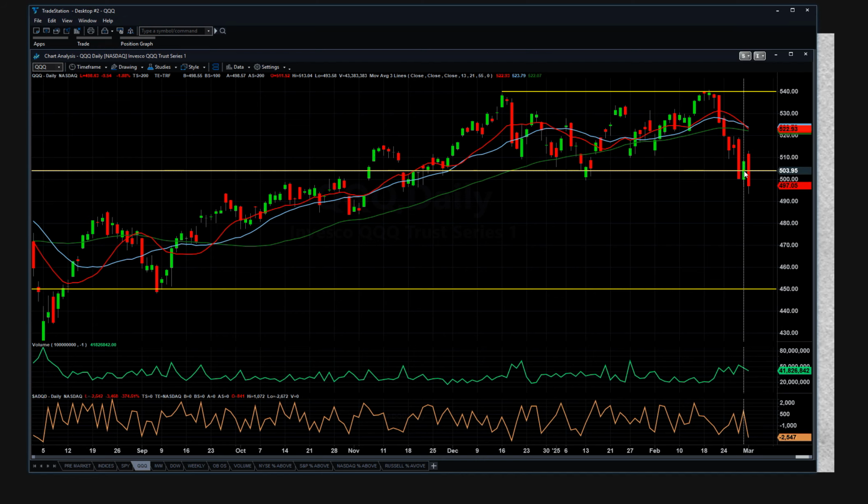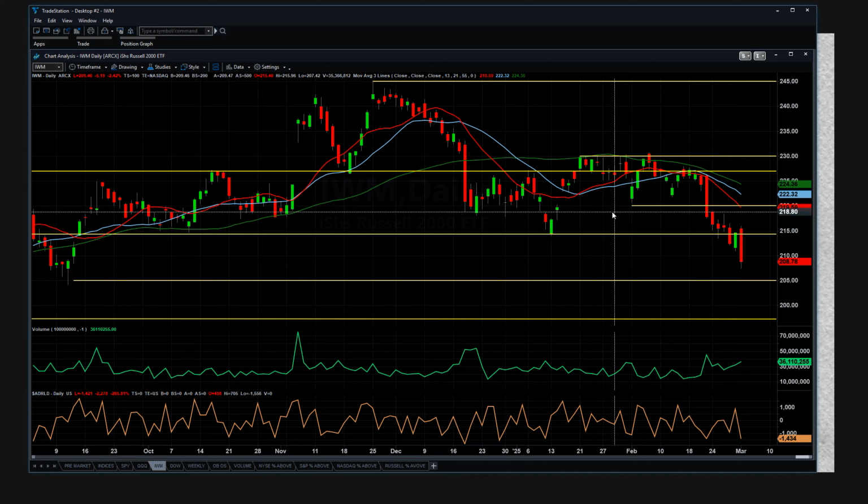Closing below 505 in the NASDAQ or the Qs is critical, but follow through tomorrow is even more critical. So this does not appear to be another false breakout day, because we traded below here, false breakout. We retraced it the next day, traded below it the next trading day.